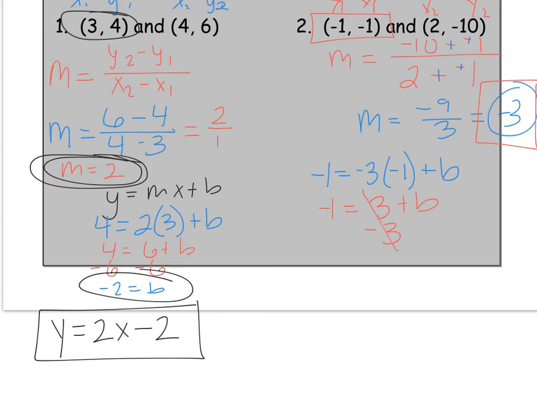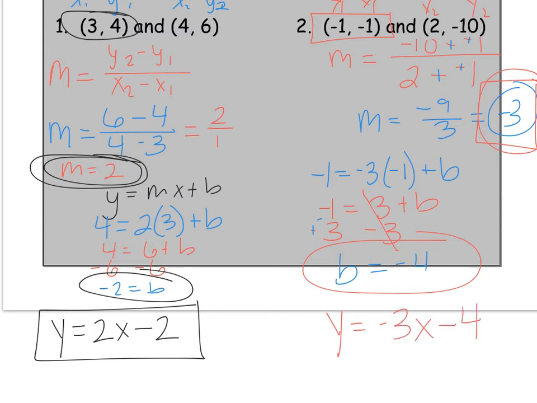On both sides, adding the opposite, I get that b is equal to negative 4. I know m, and I know b, so my equation is y equals mx plus b. And since it's a negative, it can just be minus 4.